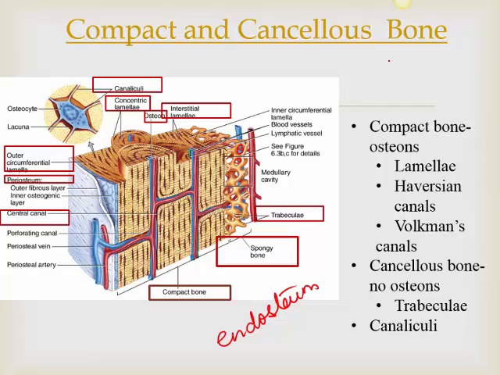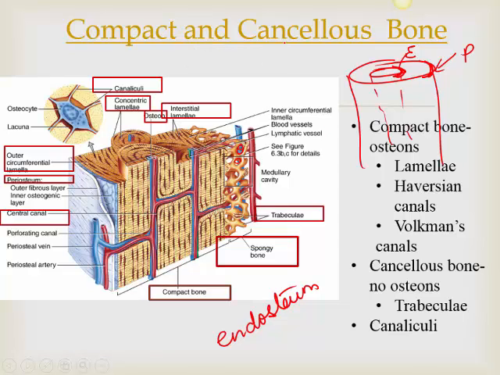And if there is a marrow cavity, for example, in a bone where a marrow cavity is shown, we'd have periosteum on the outside and endosteum lining the marrow cavity. Up here, since we don't have a large marrow cavity, instead we have these spaces, and these are lined by endosteum. But otherwise, in a long bone where you have a marrow cavity in the diaphysis, that is lined by endosteum.